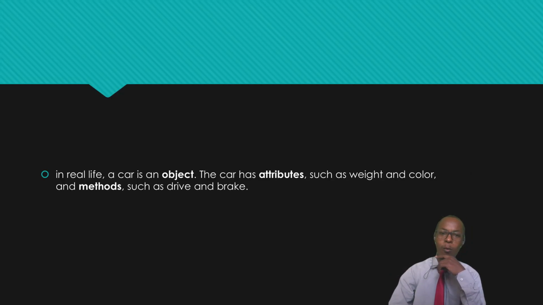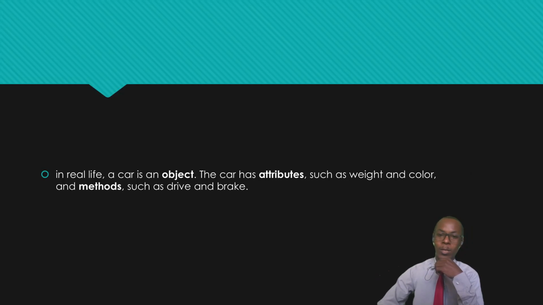Let's take an example of an object in our day-to-day life. When you talk of a car, when you say a house, all these things are objects. Every object must have attributes.